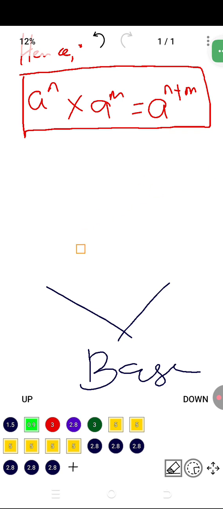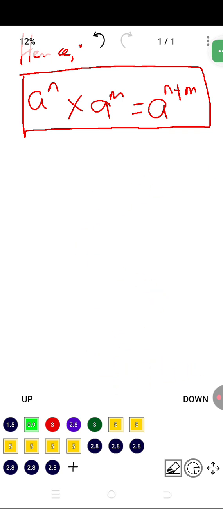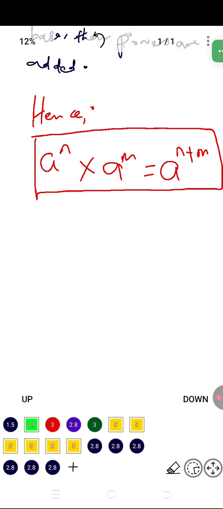The law of indices says when you have a problem like that, what you simply do is to take one of the a, then take the powers and add them. So a raised to power n times a raised to power m will simply give you a raised to power n plus m.